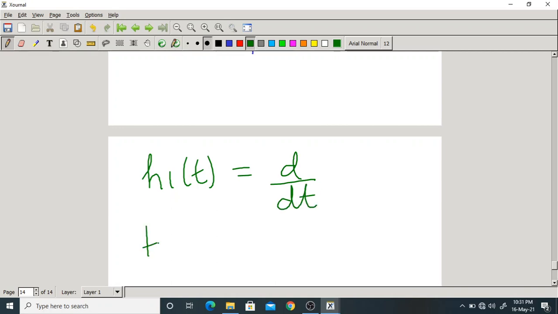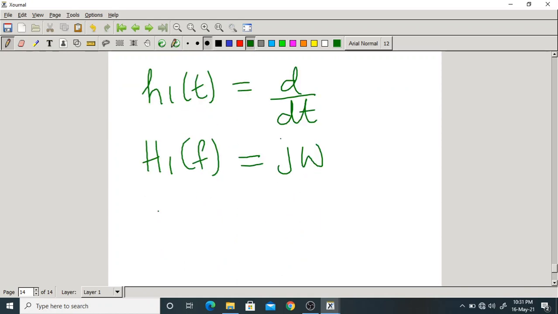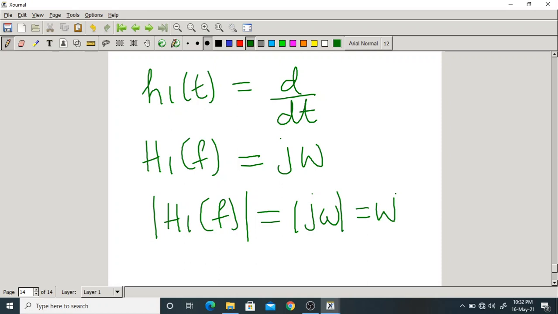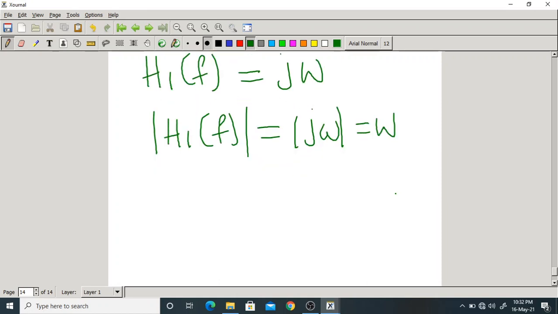What is H1 of f? It is j omega, plus or minus, I'm not sure. You just find out. But what is mod H1 of f? What is mod of j omega? It is omega. What is mod H1 of f whole square?